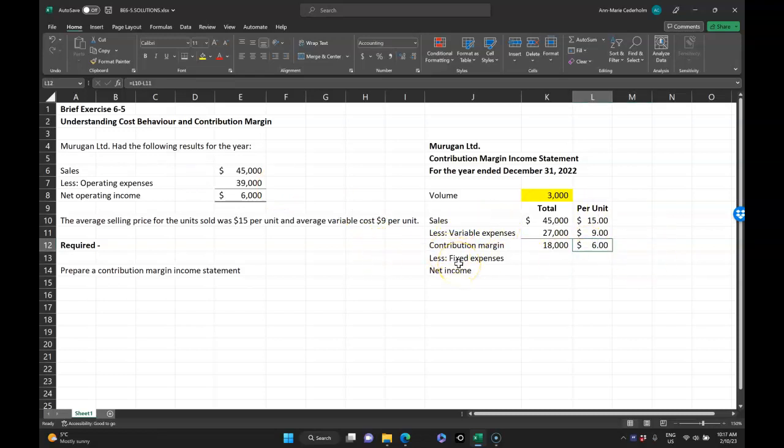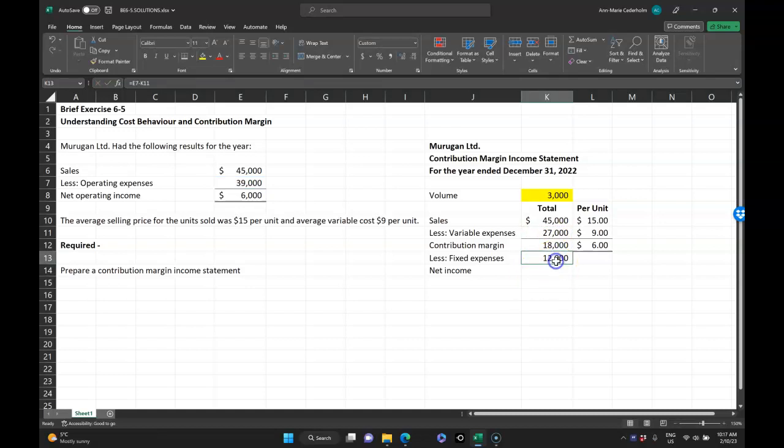Now I need to find my fixed expenses. They don't tell me down here what the fixed expenses are, but I do know that this total cost was 39,000 and I already allocated 27,000 as variable, so by default the remainder has to be fixed. They can only be variable or fixed. Those are our only two choices. So if I take my 39,000 minus my 27,000, I get 12,000 for fixed costs.